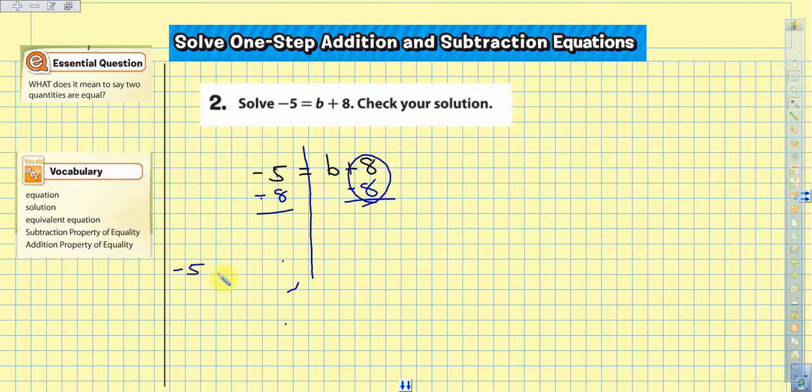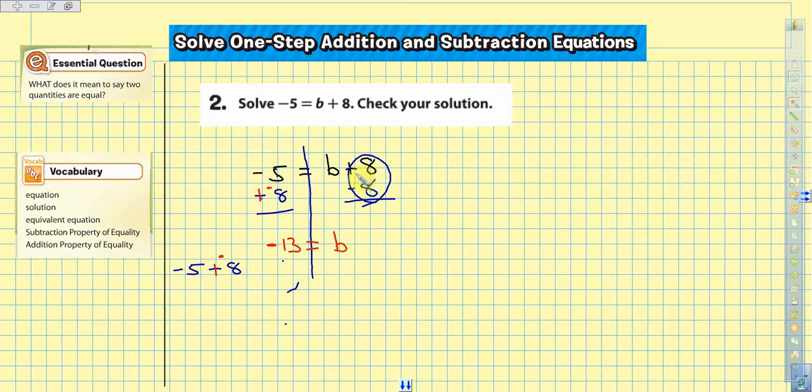You have a negative 5 minus 8. We're going to add the opposite, or you could just do adding the opposite up here. So you have a negative 5 adding a negative 8, which is going to give you a negative 13, is equal to b. Notice that this zeroed out, so it's gone.